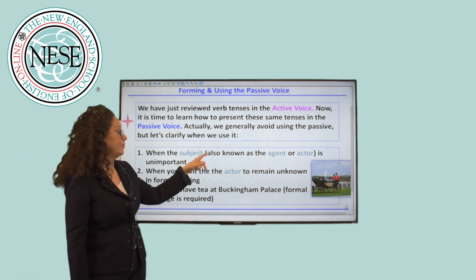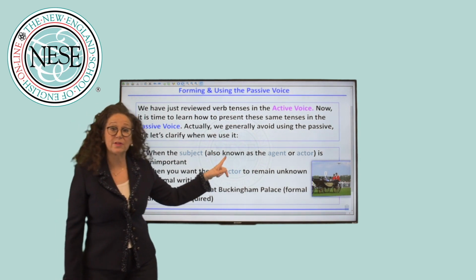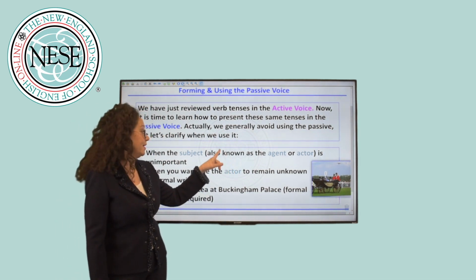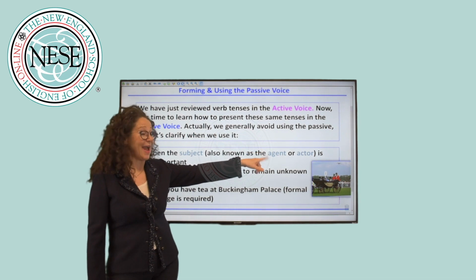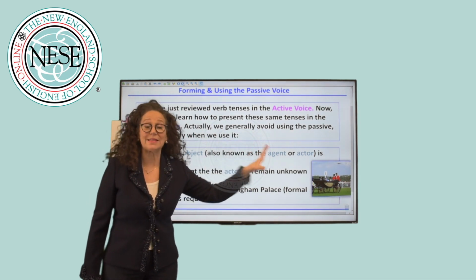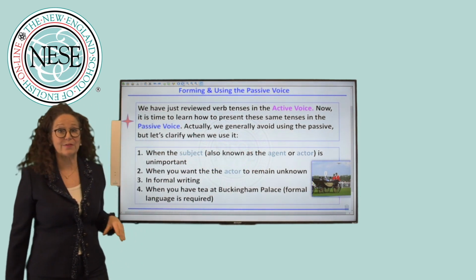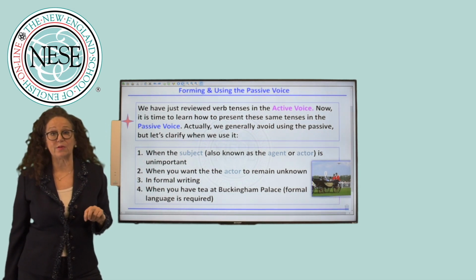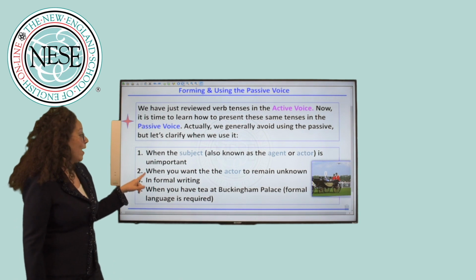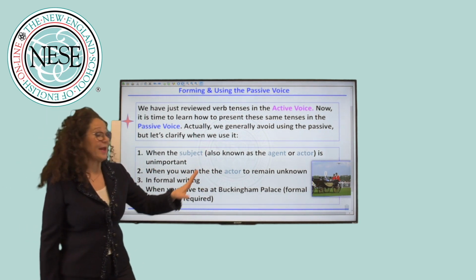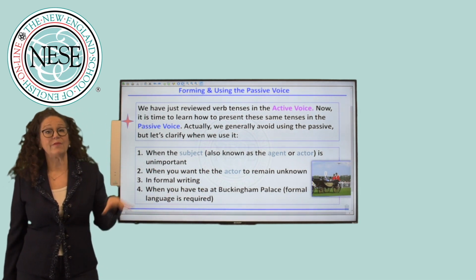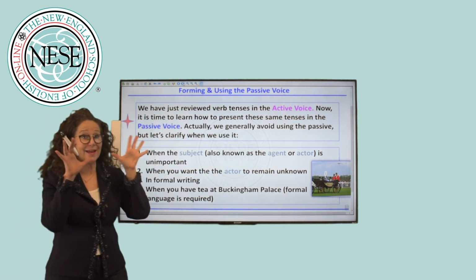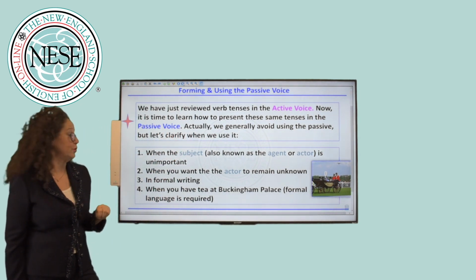And this is important when dealing with the passive voice: the subject is also known as the agent or the actor. So when it's unimportant, then we would use it. Also, when you want the actor to remain unknown, if you don't want to say who did the action.